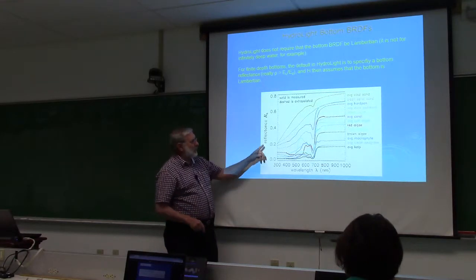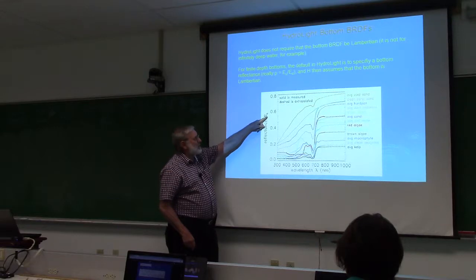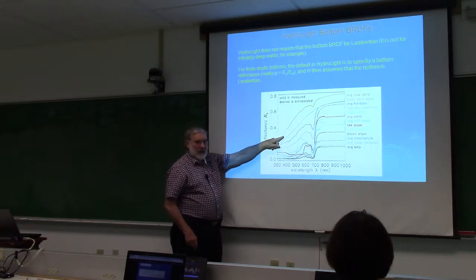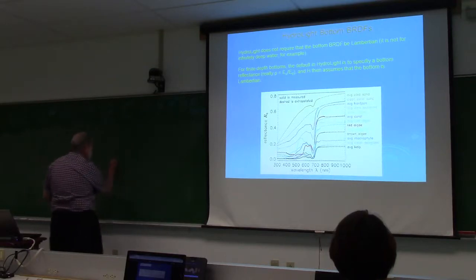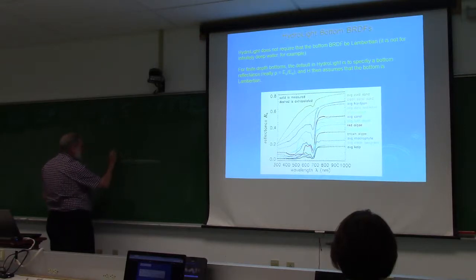And then it says, okay, I have these measured bottom reflectances, which the way those are measured is, here's my sand bottom. I take my little Ed sensor and I put it right above the bottom, and that's getting the light coming down.